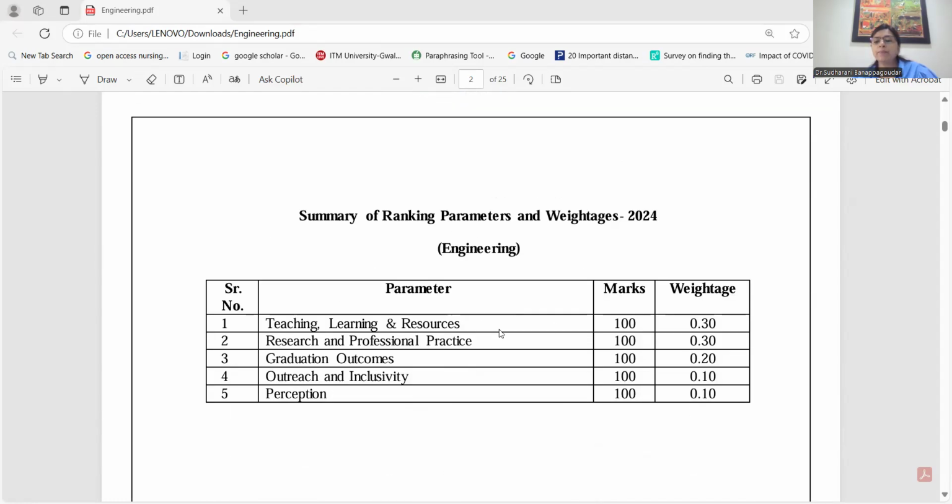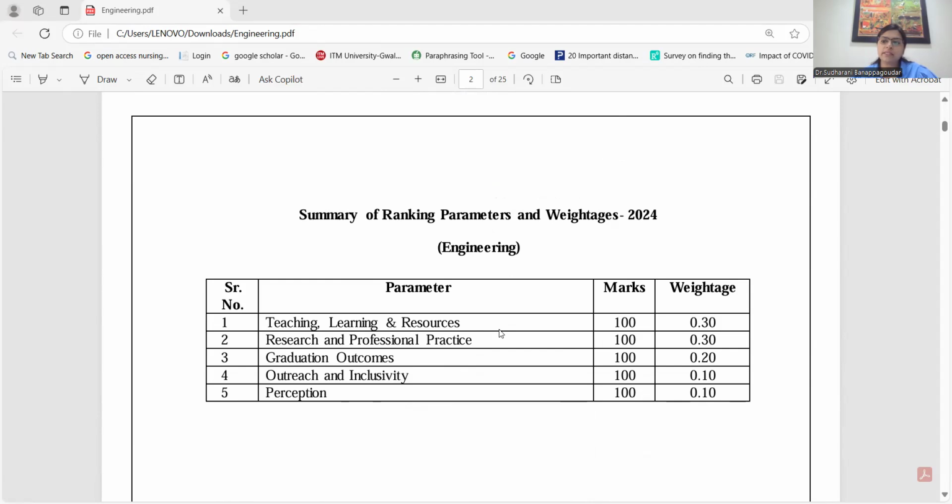Previously, we also discussed the various parameters. There are 5 parameters, and each of them has different weightages in the overall category and in the colleges category also. When we speak about the engineering category, we have these 5 parameters with the same total of 100 marks, and the weightage differs a little between the parameters.